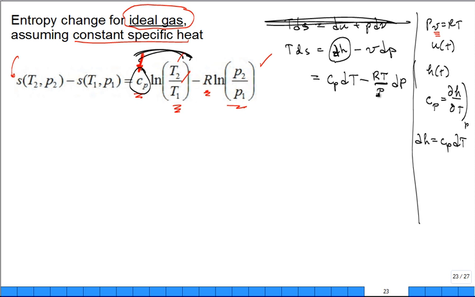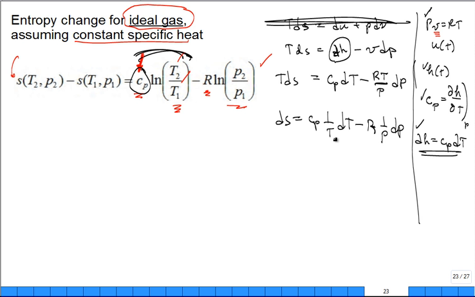Does that make sense? Good. So we used this one, this, then that, all to get to right there, then we substituted. So here we are, TdS is equal to all. Does that all look good? What should I do next? Divide by T. dS is equal to C sub P 1 over T dT minus R 1 over P dP.